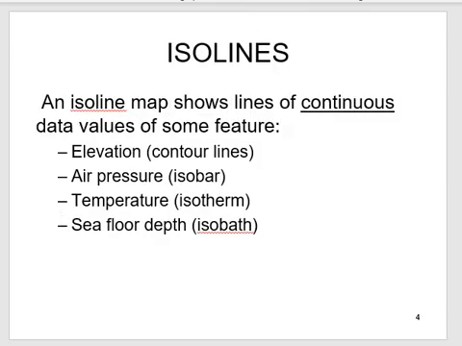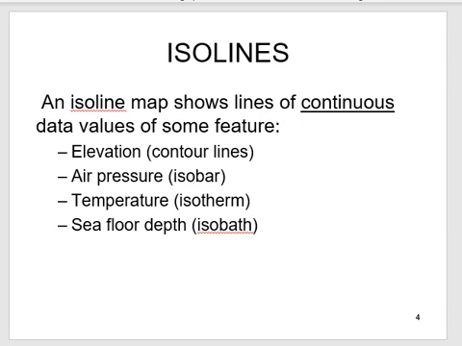A more conventional way or systematic way is by what are called contour lines or isolines. An isoline is kind of a dot-to-dot game where the line connects the dots that have some continuous value. So with the maps that we're going to be looking at, we're talking about continuous elevation value. But you see these on weather maps all the time. There'll be an isobar showing lines of equal pressure.